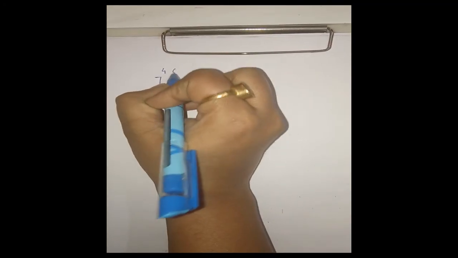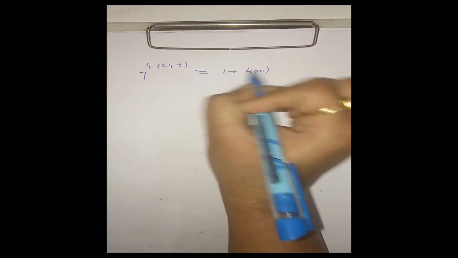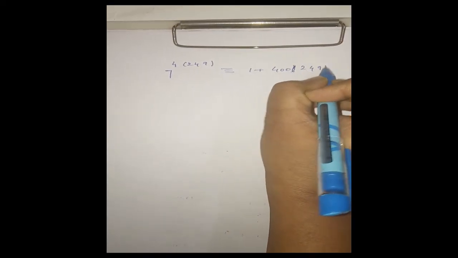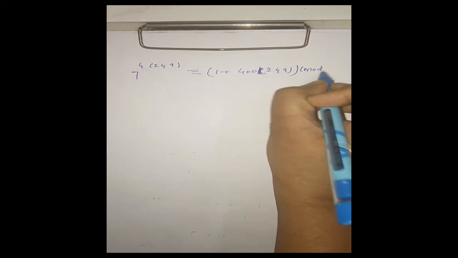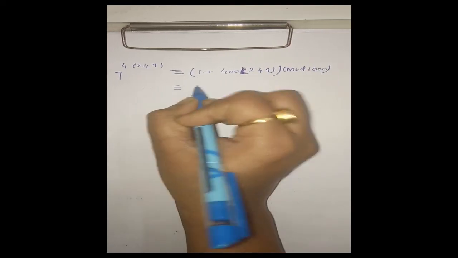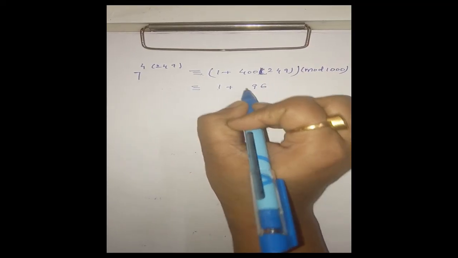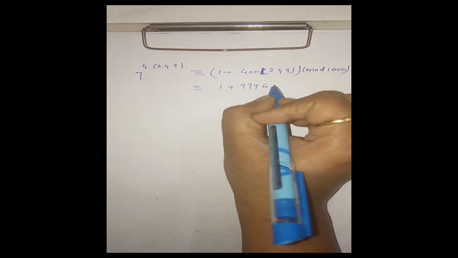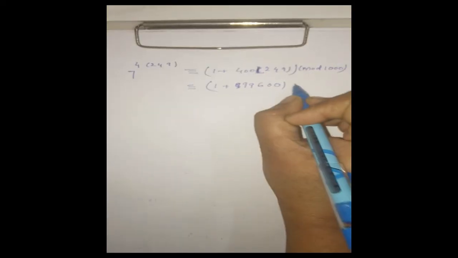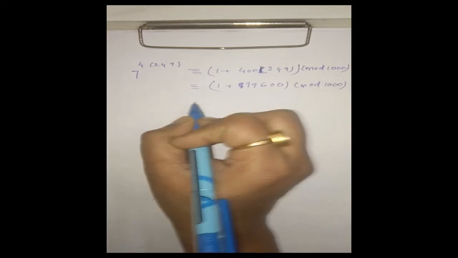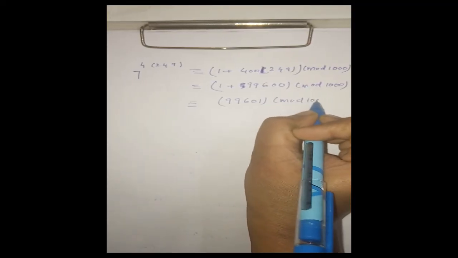Now taking n to be 249 here, we have 7 power 4 into 249 is congruent to 1 plus 400 into 249 modulo 1000. That is 99601 modulo 1000.